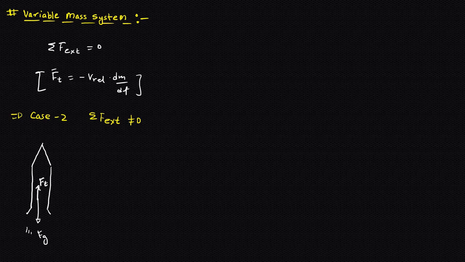Now from here, let's assume that the initial mass of the rocket at t equals 0 is m naught, and the initial velocity of the rocket is u.